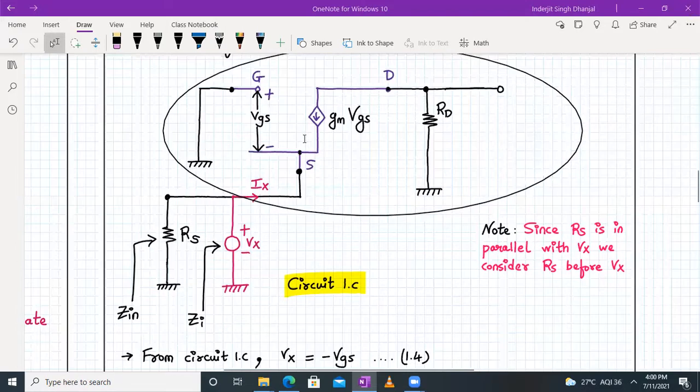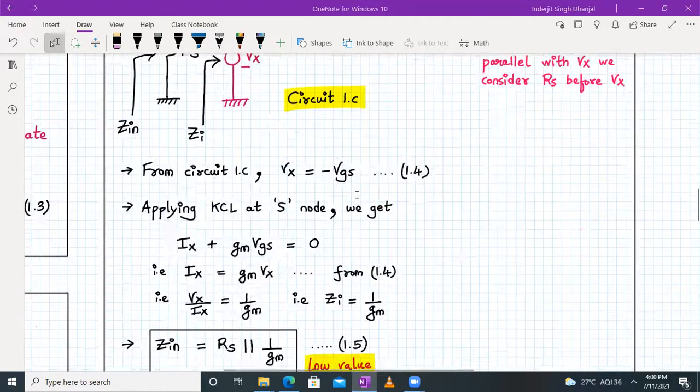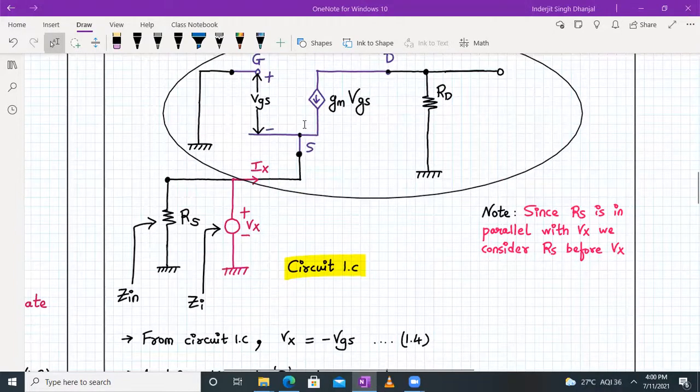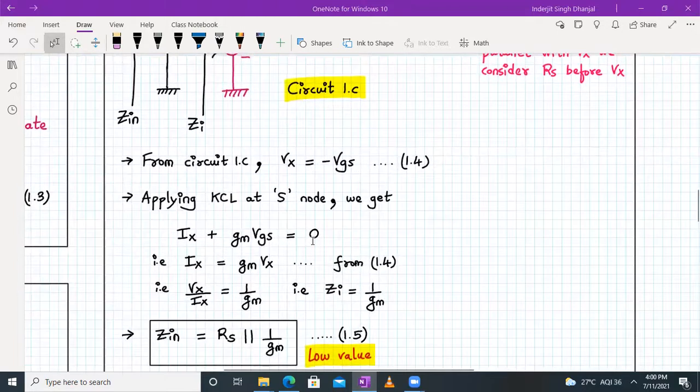And now we apply the KCL at the source node. So what does the KCL at the source node give you? Ix plus gm·VGS is equal to 0.